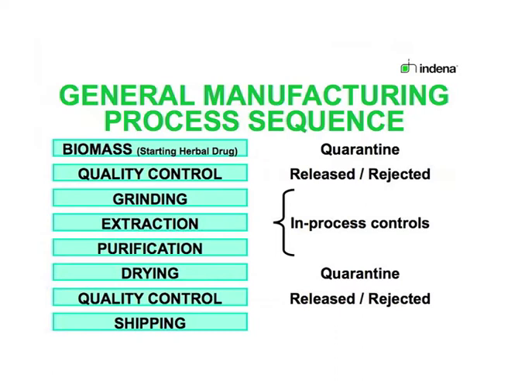These are the stages listed in the manufacturing process for a complex mixture, a multimolecular substance, and primarily you can see that there are in-process controls, as I showed you at the beginning, that have to be conducted to guarantee reproducibility.